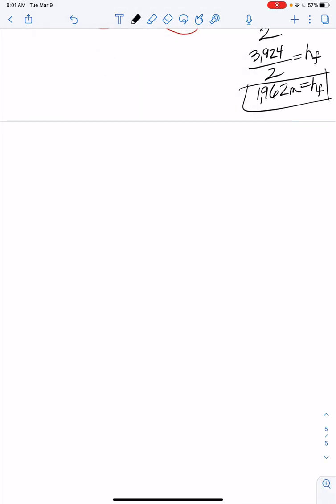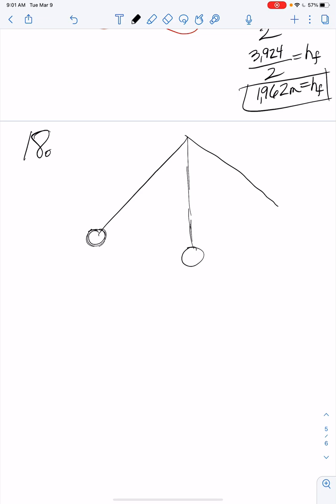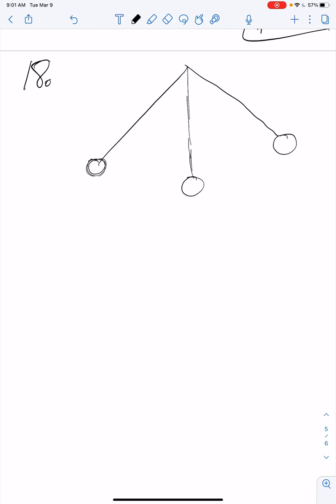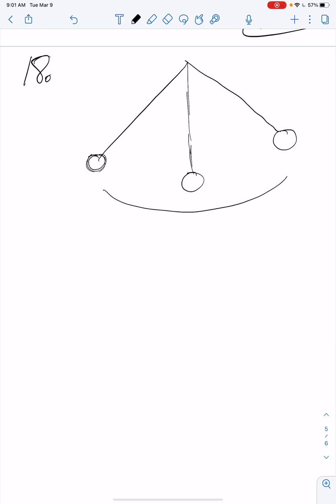All right, let's look at this. So I believe we have something like this. This is problem 18, and we have a pendulum. A pendulum is a mass on the end of a string, and it is going to oscillate back and forth between these 3 points right here. What I'm trying to draw here is that this pendulum is going to swing back and forth like this, right? That should be pretty straightforward.